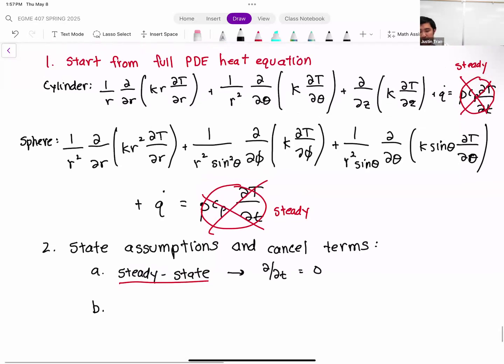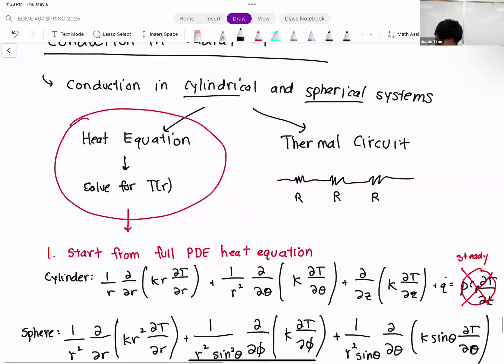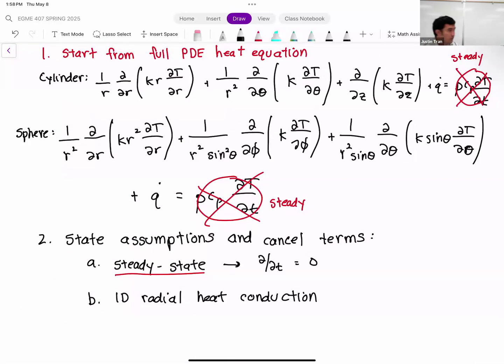All right, so for the second assumption, I'm going to lump together a couple of assumptions, just because they all have the same effect. We're going to assume that our heat transfer only occurs in the radial direction. This assumption has a few consequences. Basically, our temperature does not depend on any variable except for r.